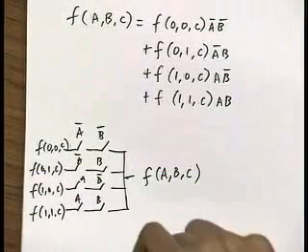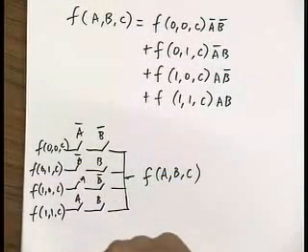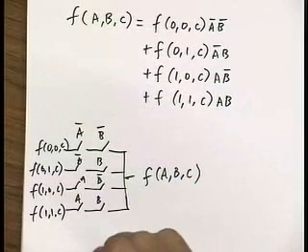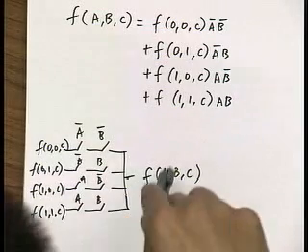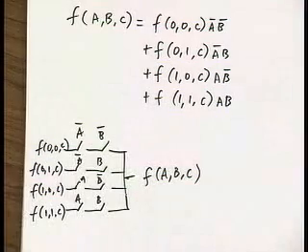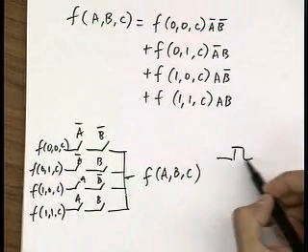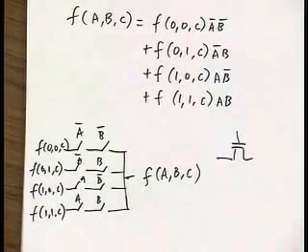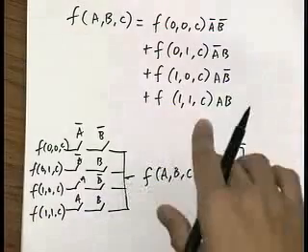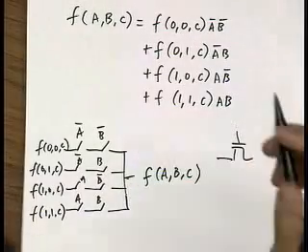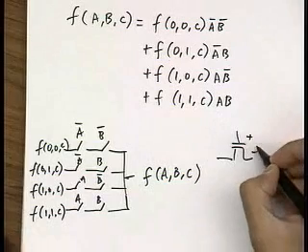So what are we paying if we implement logic in pass transistors? What's a characteristic of an NMOS being used as a switch? Exactly. You lose a threshold voltage.